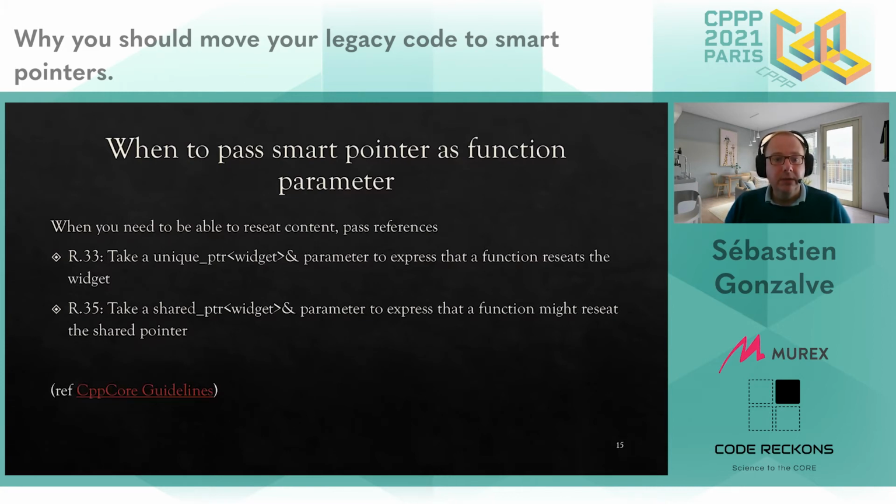So passing references to a smart pointer, one should take care when doing that, because the only use case I would say is useful is when you need to reset things, especially on a unique pointer. There is no real reason to pass a reference to a unique pointer other than just being able to reset the pointer itself. For shared pointer, it's more or less the same. It may be const, but that's a detail.